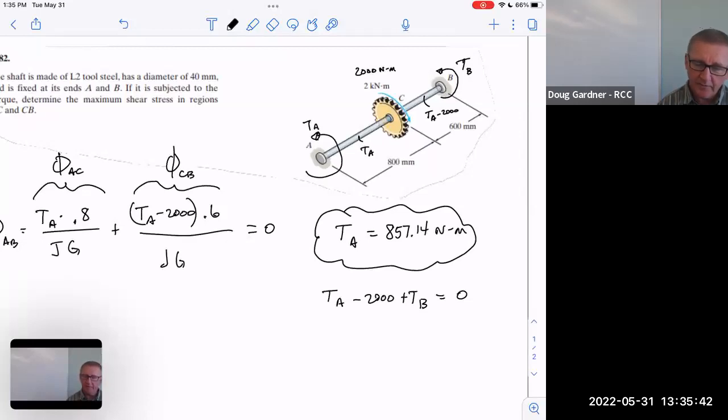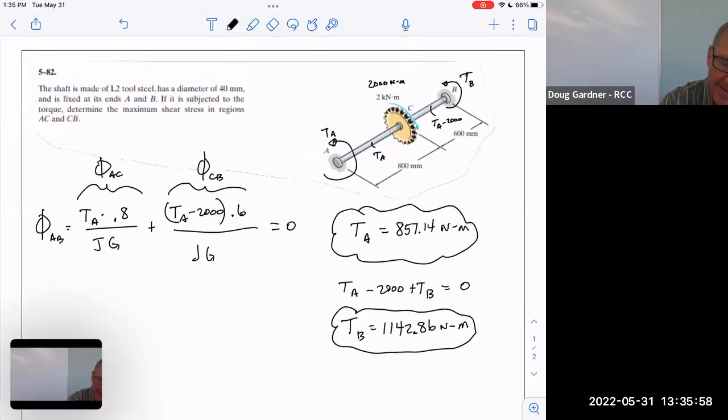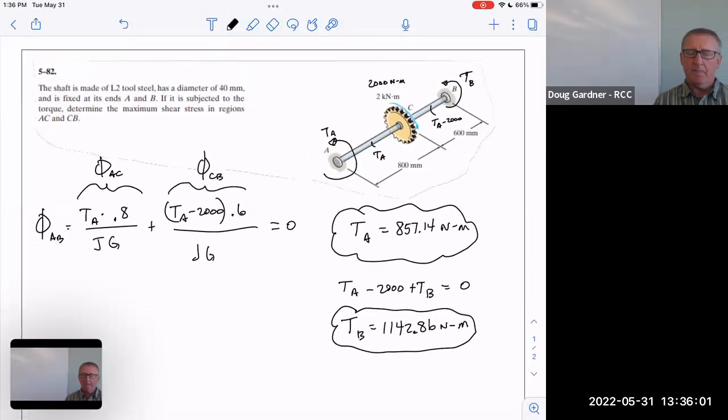So then I plug 857 into that and I get torque of B is 1142.86. So what looked to be statically indeterminate, impossible to determine how much A and B is not, thanks to the fact that we know that the sum of all the twisting from A to B is 0.